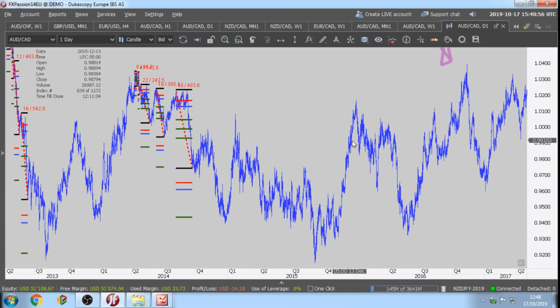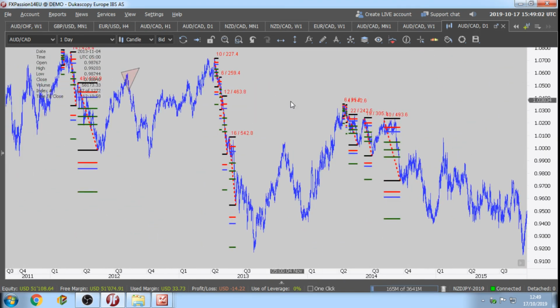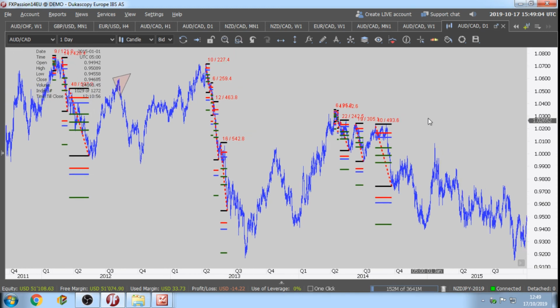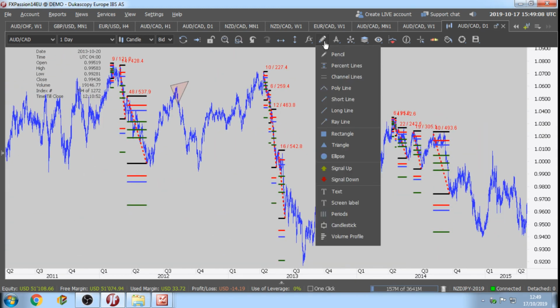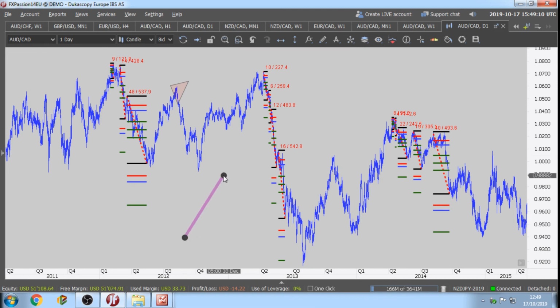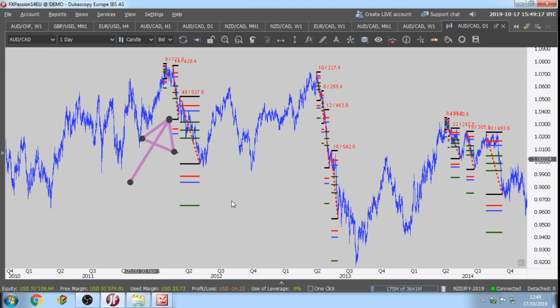Now, remember when I said the Fibonaccis don't work inside the sideways channel? AUD CAD is a great example. How many times were we stopped out on the daily chart? I was trading a down Fibonacci in here, stopped out.